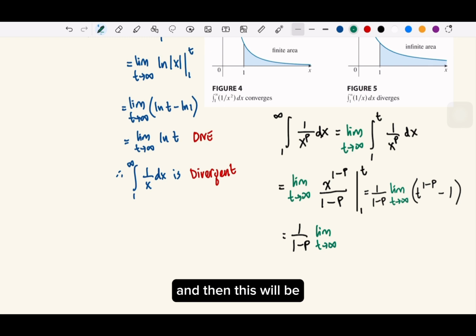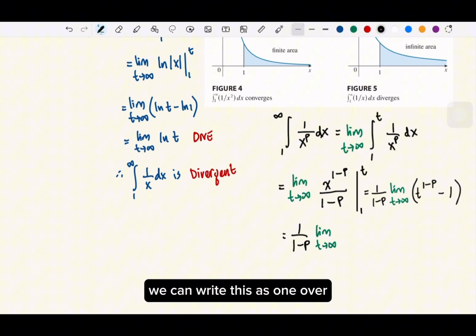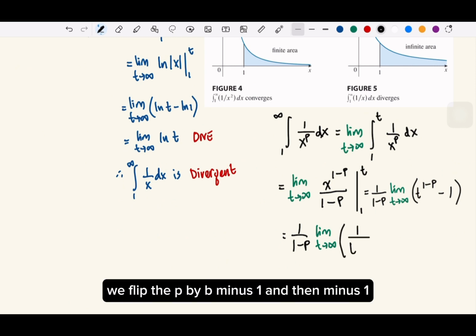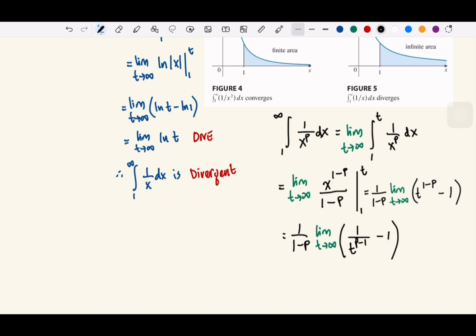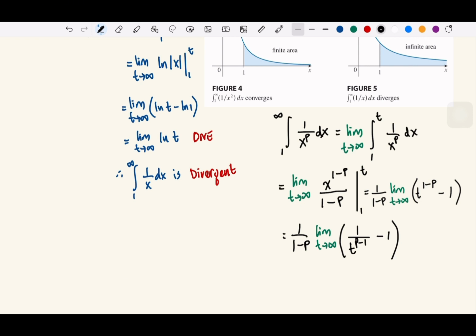And then this will be, we can write this as 1 over t to the p minus 1, and then minus 1. Just to make sure that what we have here will be 0.